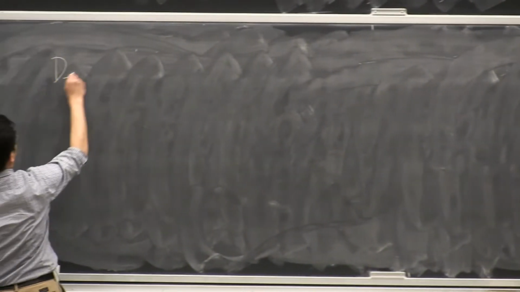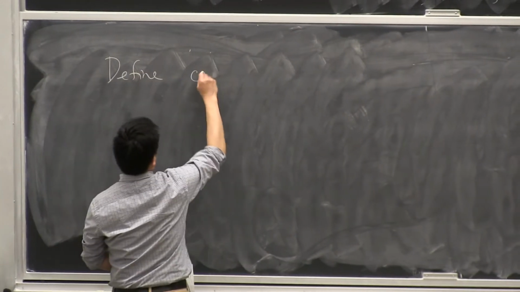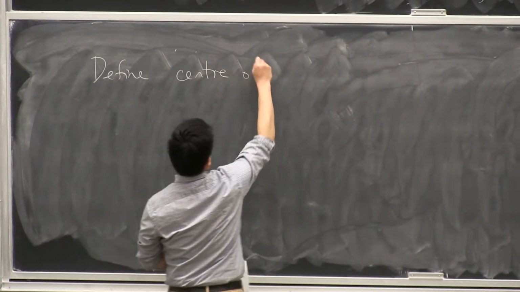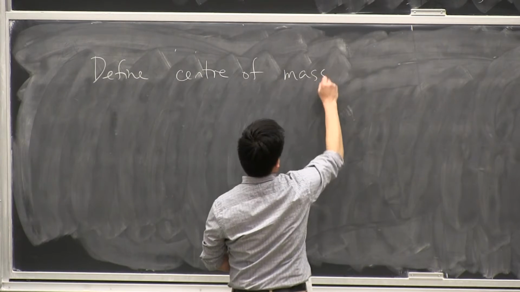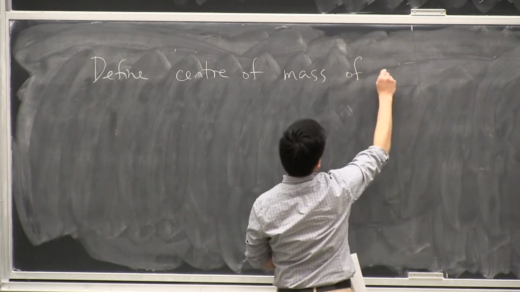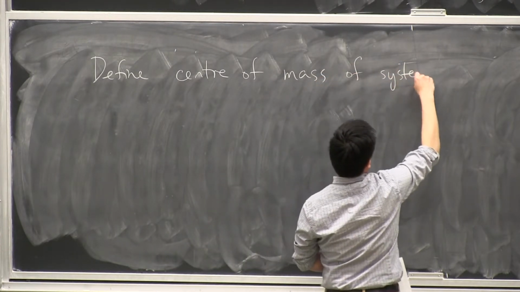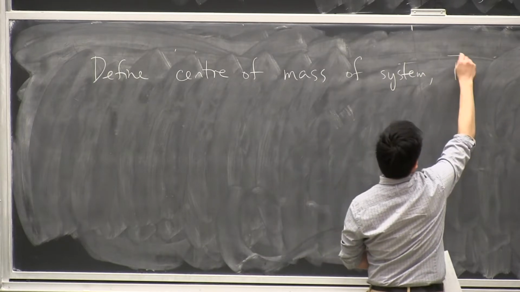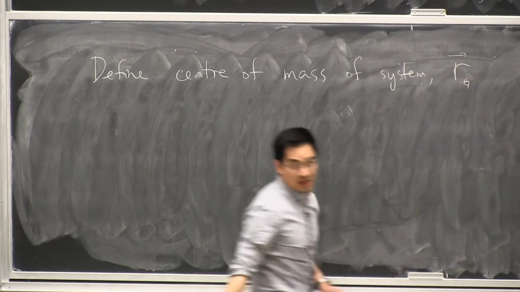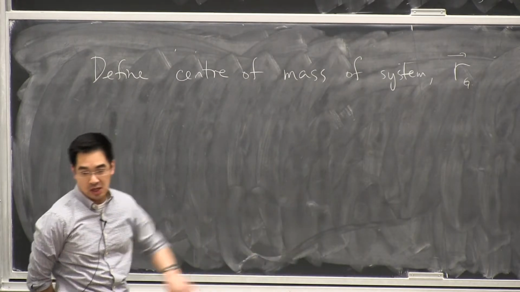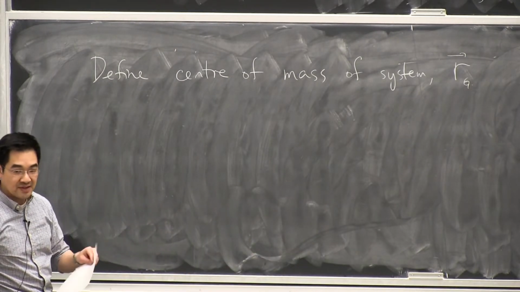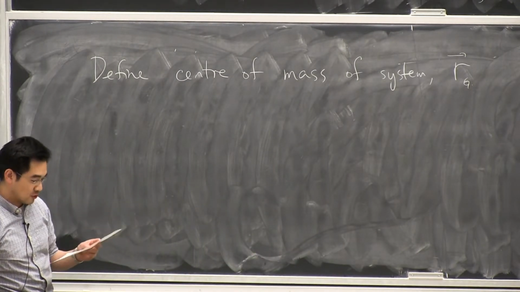We can actually define something called the center of mass of the entire system by the letter rG. The subscript capital G will remind you that this is the center of mass, and we'll be using that for the rest of the course.